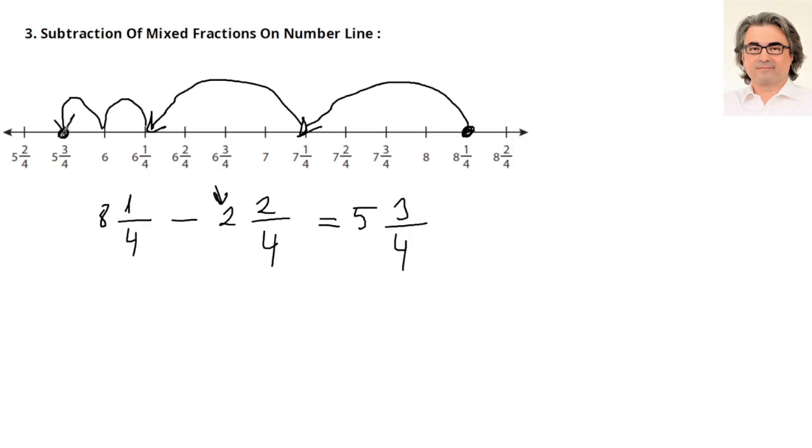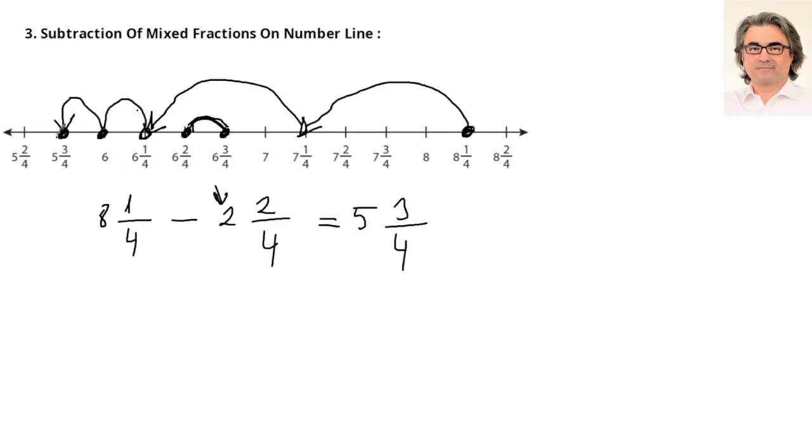Now the difference between this point and this point is 1 over 4 unit. For each two consecutive points, the difference is 1 over 4. So I should go 2 over 4. It means 2 units like this to the left of the last position. The last position is here, as you see.